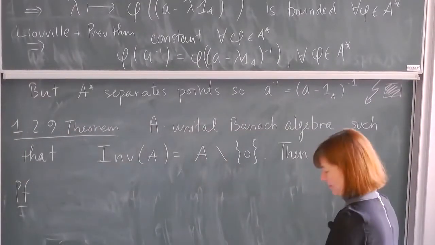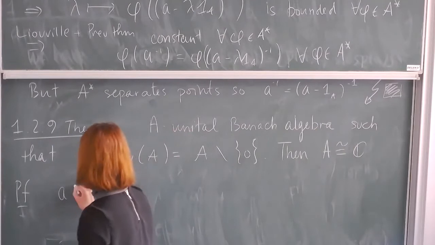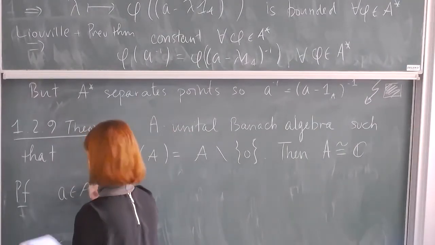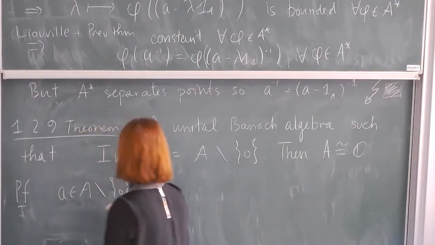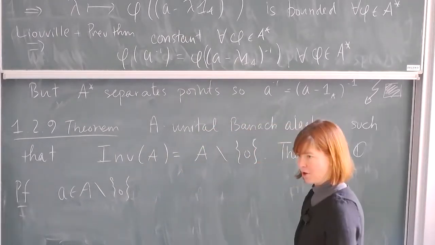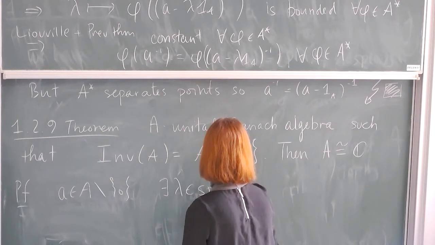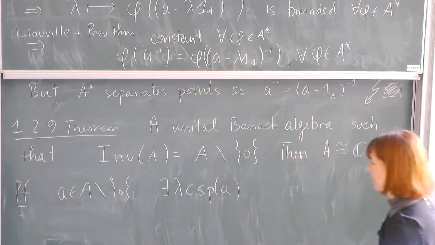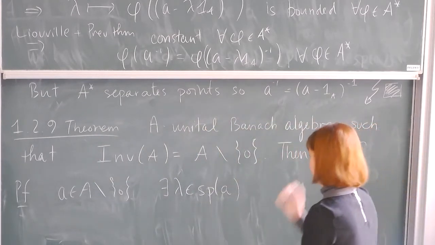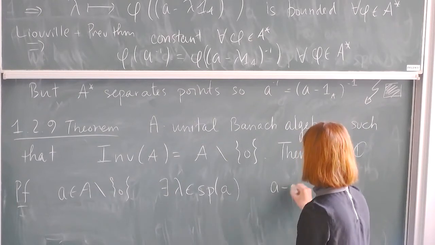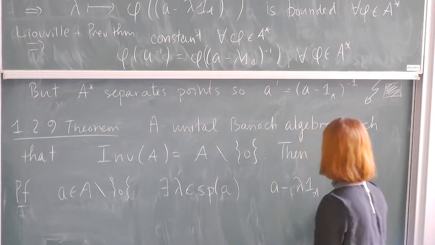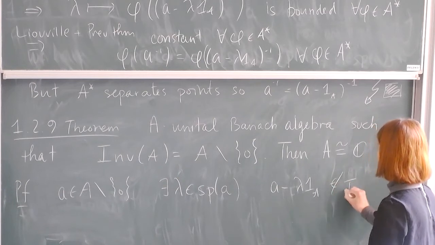All right, so what is the proof? Take A non-zero. Now we know that its spectrum is non-empty, so there exists some lambda in the spectrum of A, which means that A minus lambda 1A is not invertible.